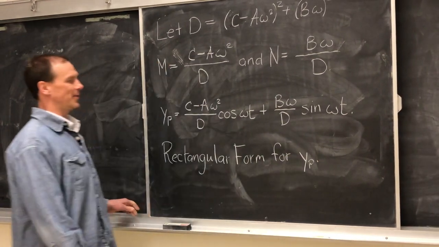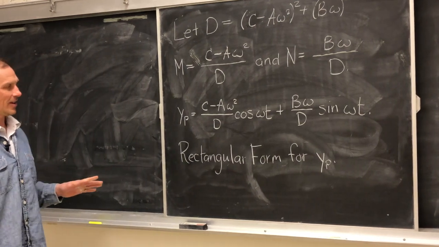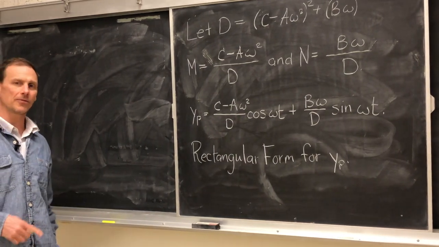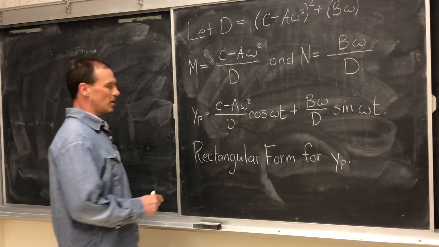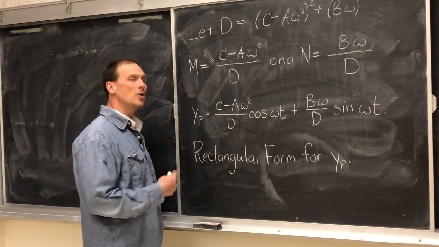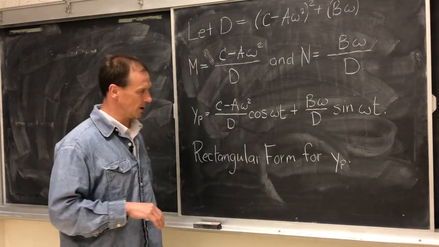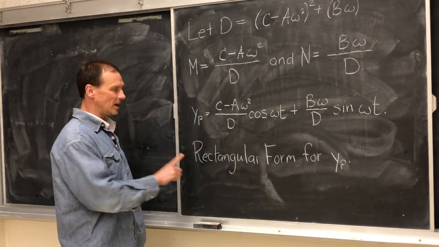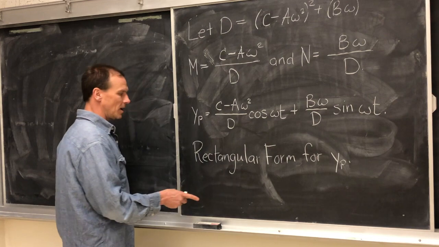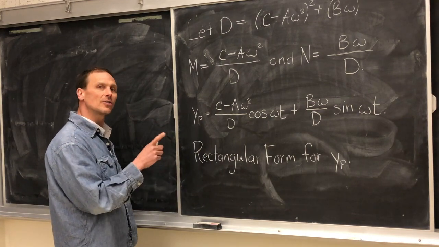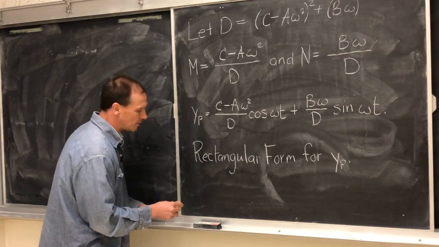Now we're going to take this, and remember that differential equations are often written in just cosine. And remember, our input was simply in just cosine. So if we take our rectangular form and write it in just cosine, we'd call that polar form.